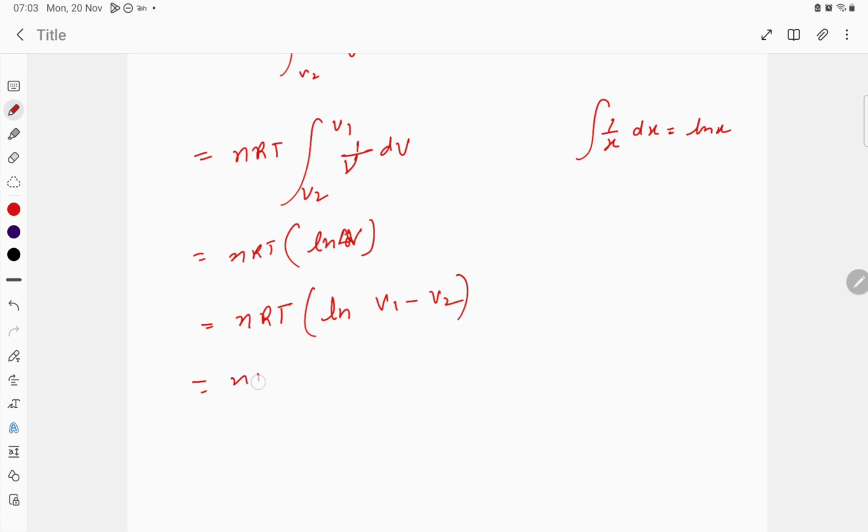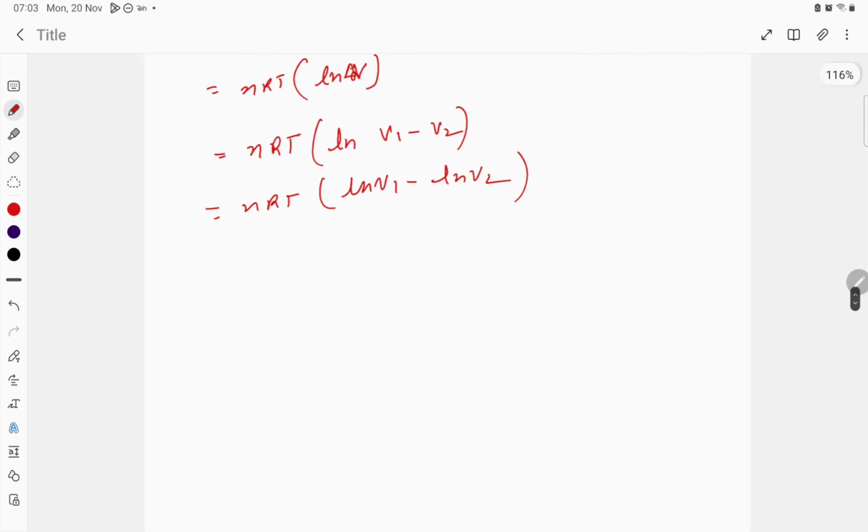So nRT ln V1 minus ln V2, and ln is equal to 2.303 log. So here is 2.303 nRT log V1 upon V2.